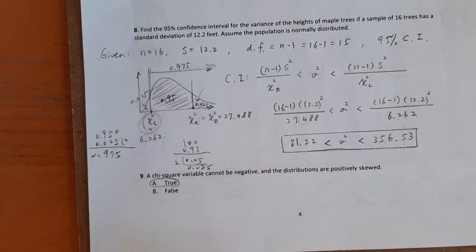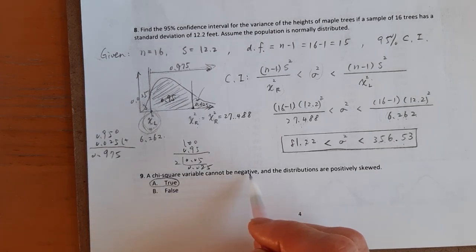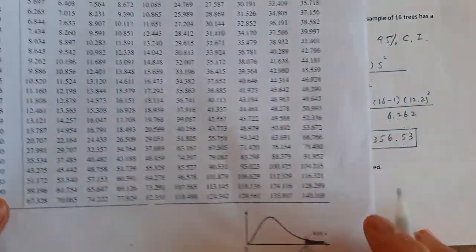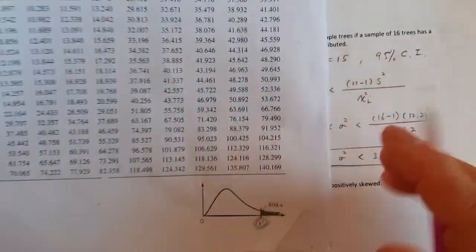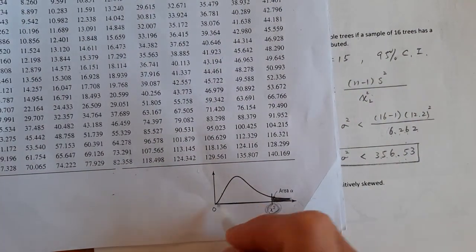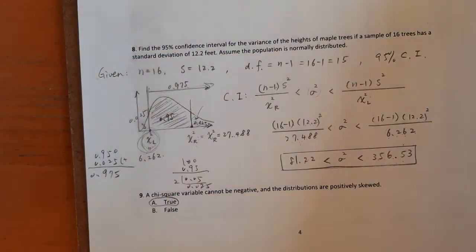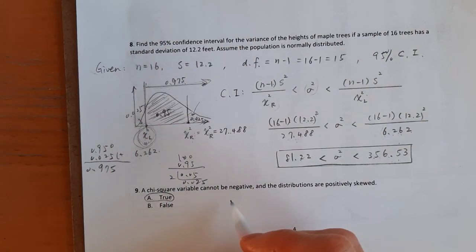Next question. A chi-square variable cannot be negative. That's right. It starts at 0. A chi-square variable starts at 0 and cannot be negative. To the right of 0 is 0 or positive. That's correct.